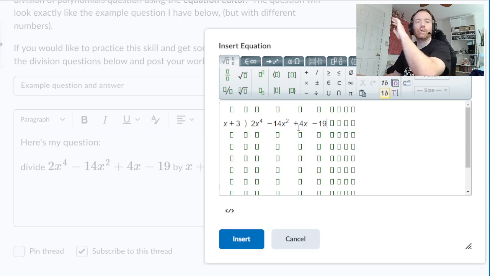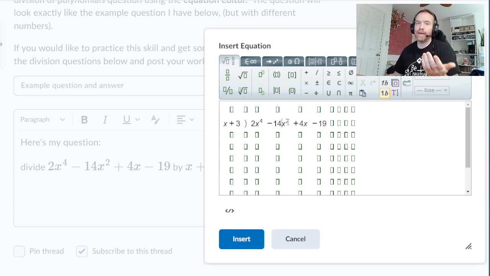Now, the really critical thing about polynomial division is that each column has to have the powers of x counting down by 1. So the degrees of each term has to count down by 1. If you notice in my question, I've got 2x to the 4, and then it skips all the way down to 14x squared.